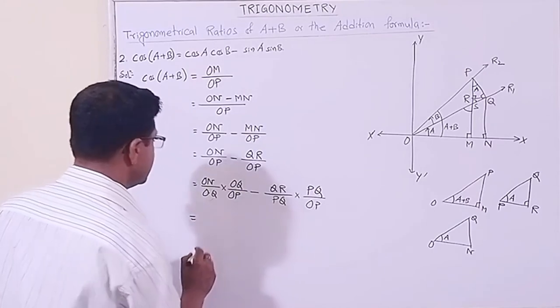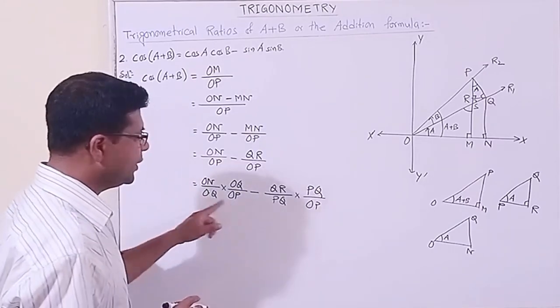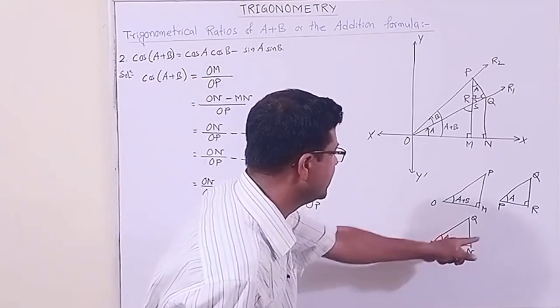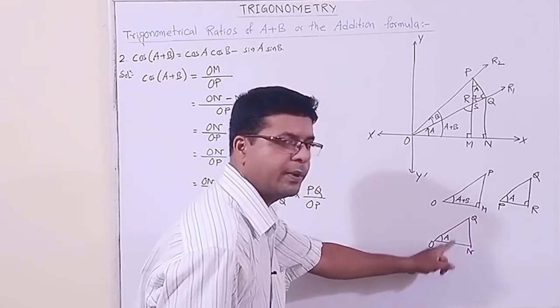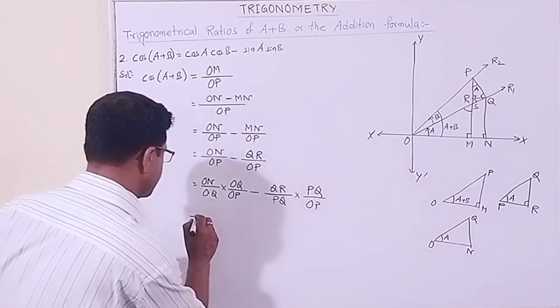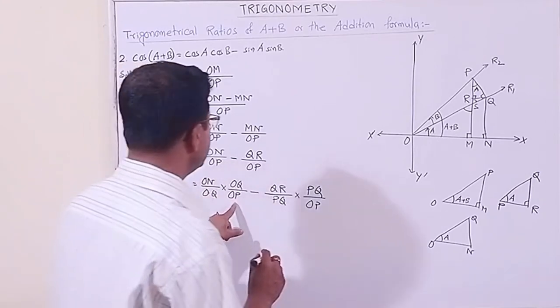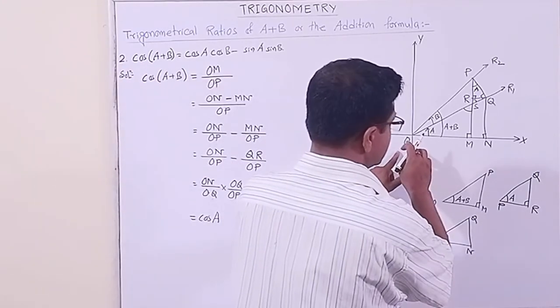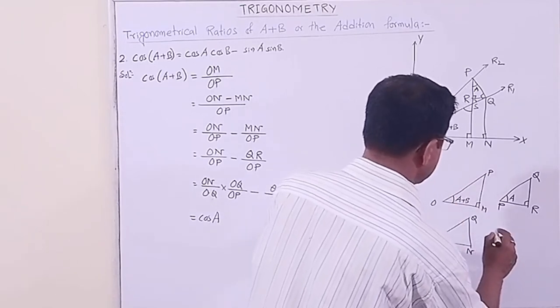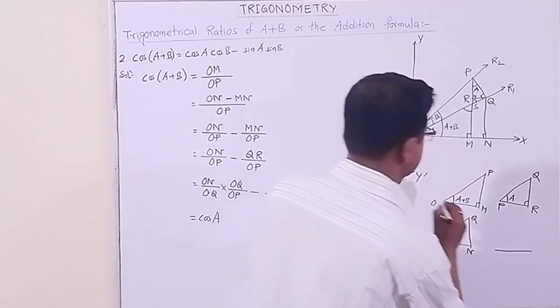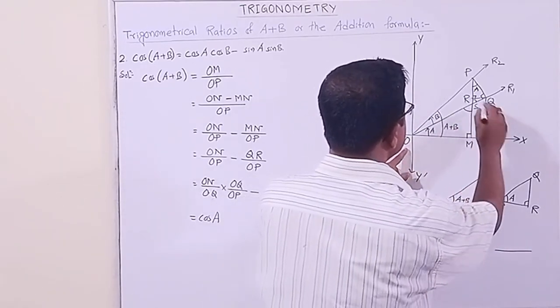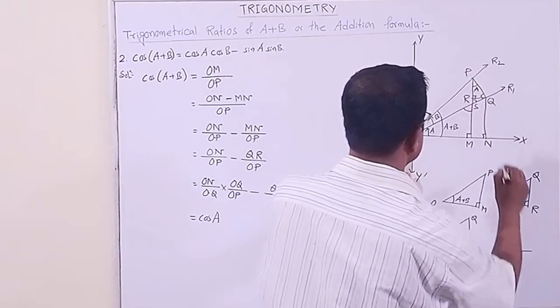So here ON by OQ, base by hypotenuse, is cos of A, then OQ by OP. Okay, I'll draw another triangle here. OQ by OP.